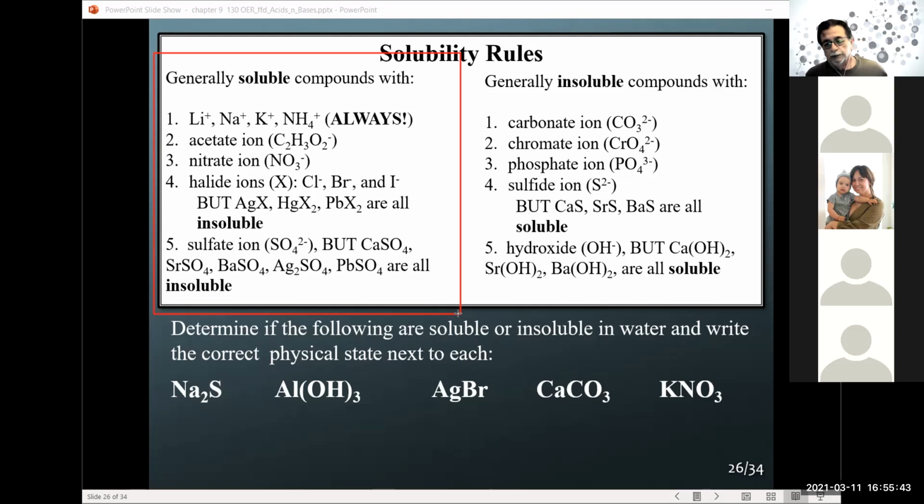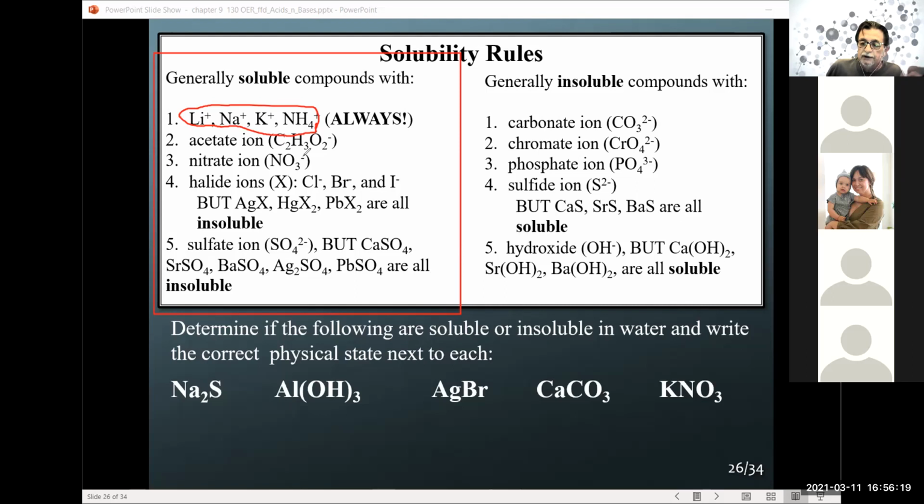Number 1, call them the big four, because when any compound is partnered up with any of these cations, lithium, sodium, potassium, and ammonium, it is 100% soluble all the time. No matter what the anion is, if it's lithium, potassium, sodium, or ammonium as the cation, soluble.